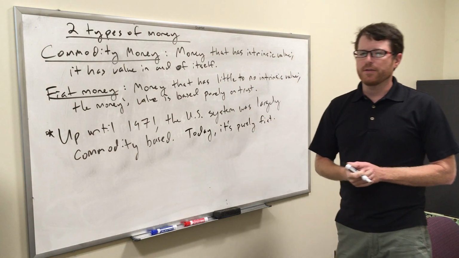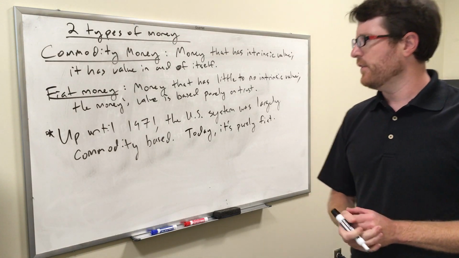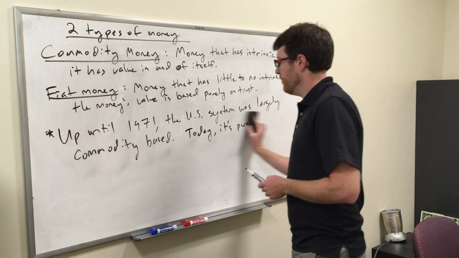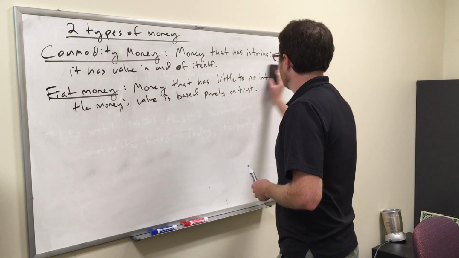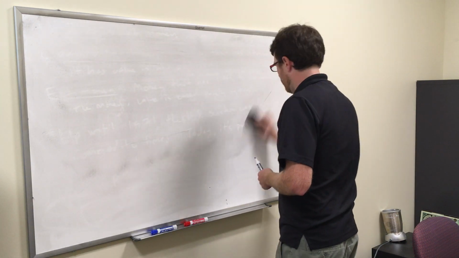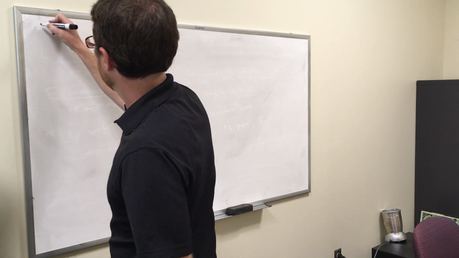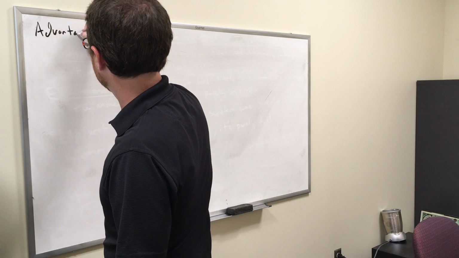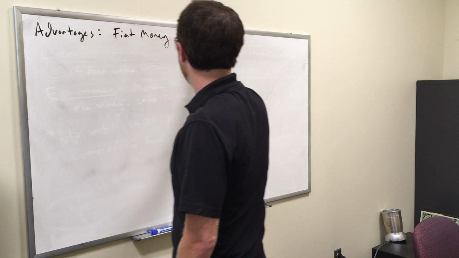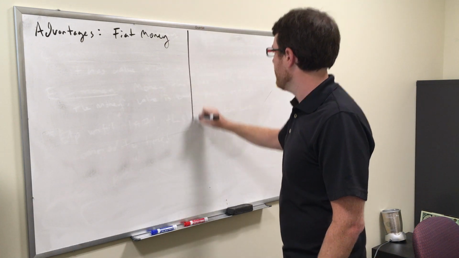And so what I want to do now is think about the advantages and disadvantages of having commodity or fiat money. So let me erase this. And let's do a quick little side-by-side comparison. On the left, we'll think about the advantages with fiat money.